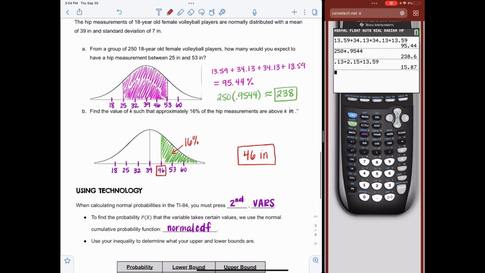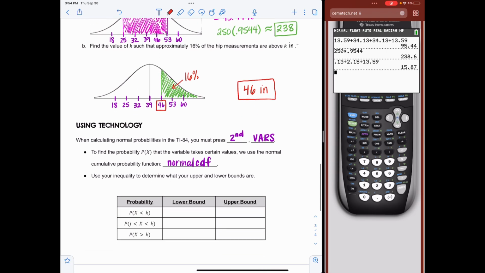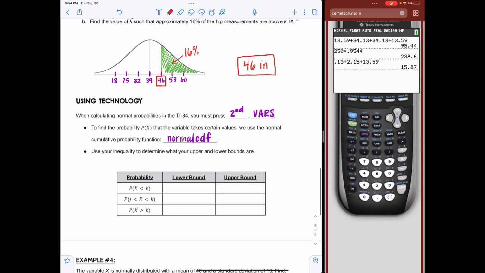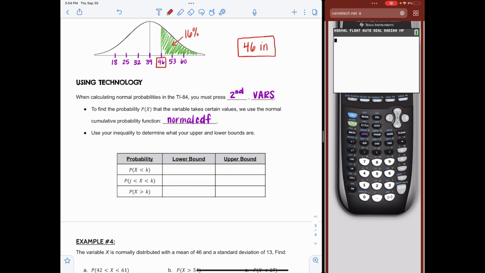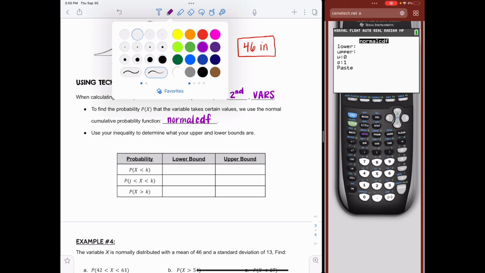So now let's talk about using technology. Whenever you use technology, you have to press second vars, and then you are going to go to normalcdf. When you are doing this, it's going to ask you for your lower bound, your upper bound, your mean, and your standard deviation.